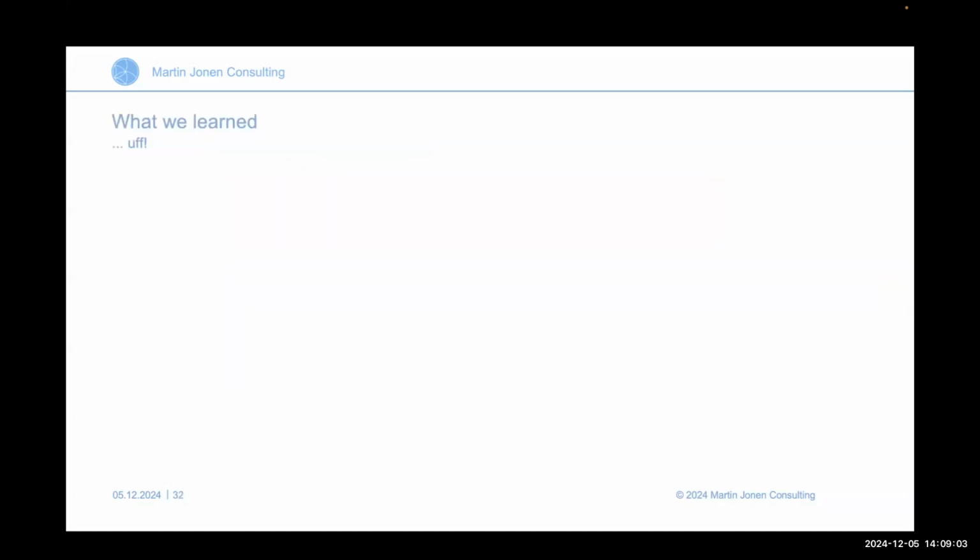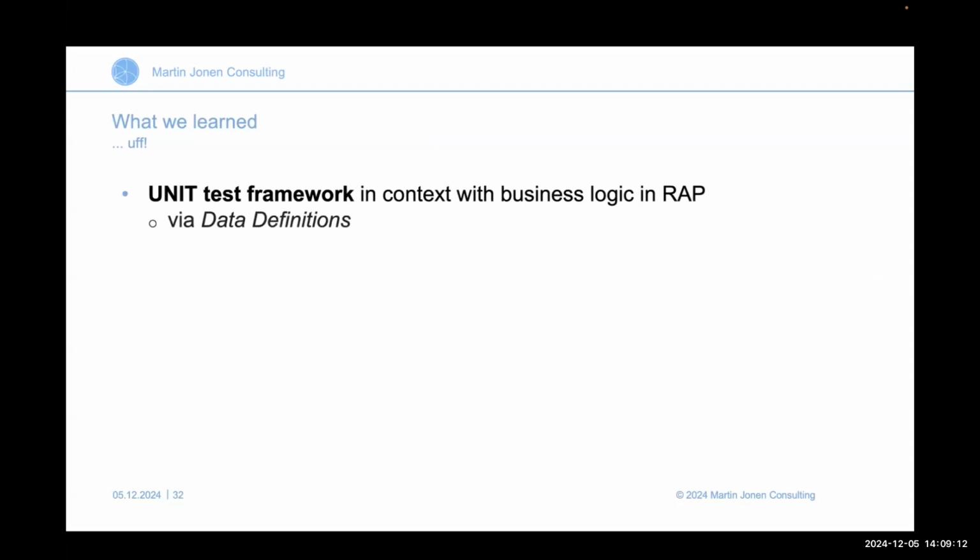So that's all. A lot. So what we learned is we saw the unit test framework in business object logic. First we created unit tests via the data definition, because the OO class was related to the data definition.